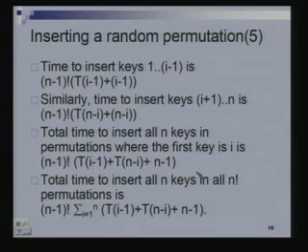So, what is the total time to insert all the n keys in all the n factorial different permutations? It is just the sum of this quantity as i goes from 1 through n, because the first key can be 1 or 2 or 3 or whatever. So, it will be just n minus 1 factorial times this sum, where the sum goes from i equals 1 through n of this quantity. Are there any questions till this point?